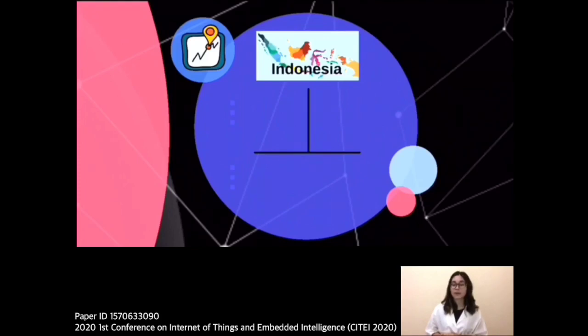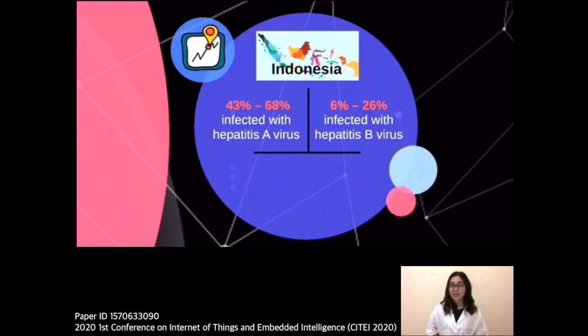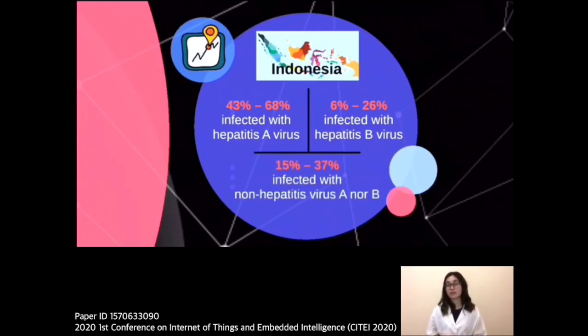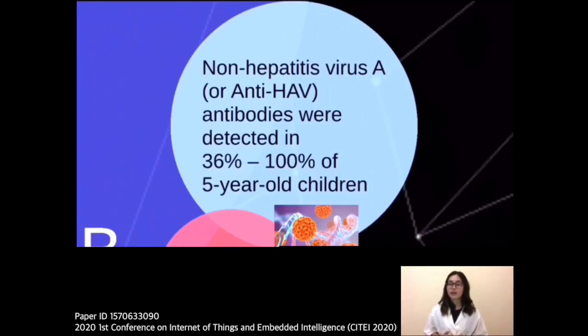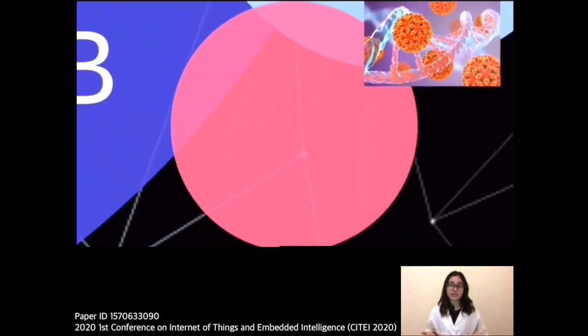Of acute hepatitis patients, 43% to 68% are infected with hepatitis A virus, 6% to 26% with hepatitis B virus, and 50% to 37% infected with non-hepatitis A nor B. Anti-HAV antibodies were detected in 36% to 100% of 5-year-old children.